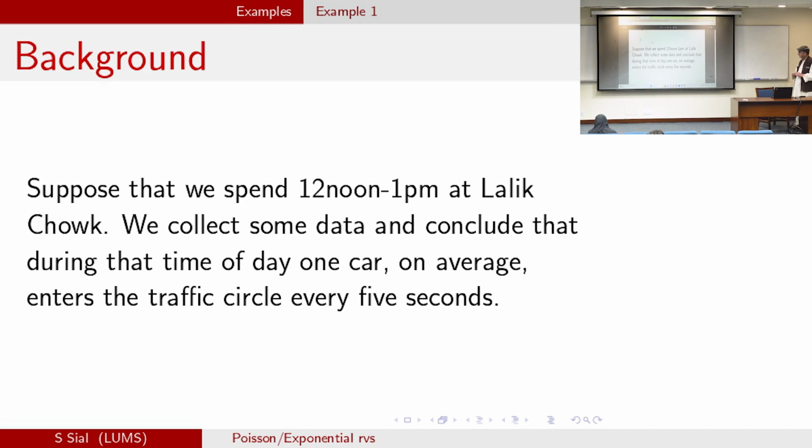We collect some data and we say that during that time of the day, 1 car enters the traffic circle every 5 seconds. So that is your lambda. So your lambda is 1 success expected every 5 seconds.